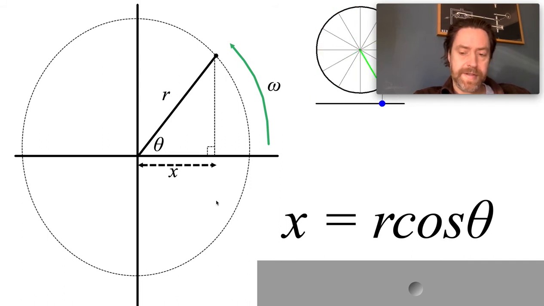But theta is going to equal omega t. Remember, omega was theta divided by t, so you rearrange that, you get theta equals omega t.